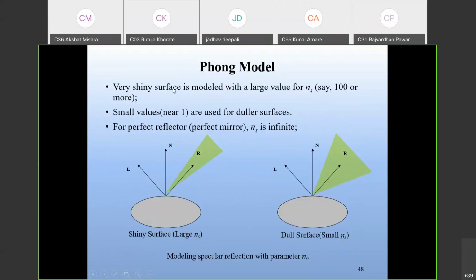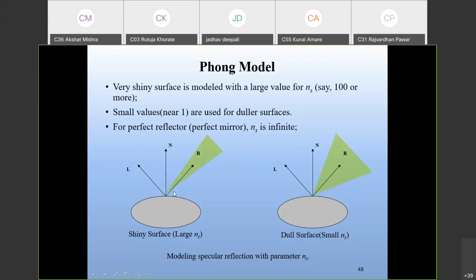A very shiny surface is modeled with a large value of Ns, 100 or more, and a dull surface has a value near 1. For a perfect reflector, Ns is infinite.